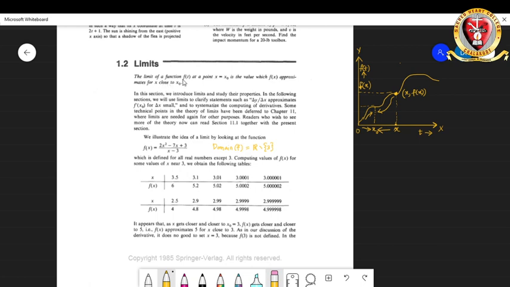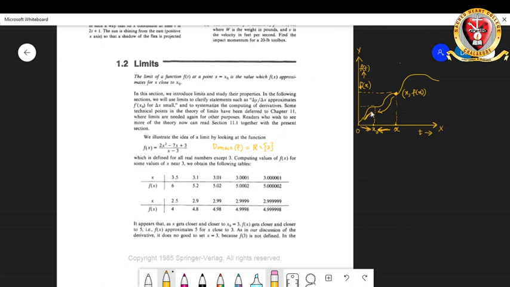So, talking about a function and the limit of a function at a point. Suppose you're taking a point x naught here. The limit of a function f of x at the point x equal to x naught is the value which the function f of x approaches when x is moving close to x naught. That means, when we are approaching this x naught from the right and from the left, how does the value of the function change?